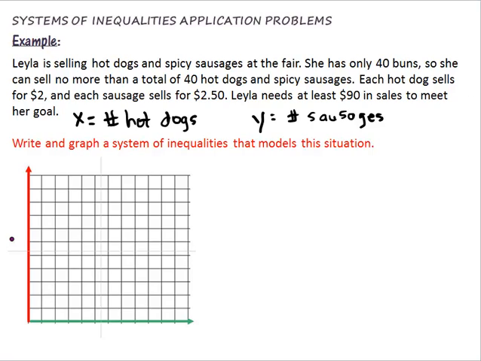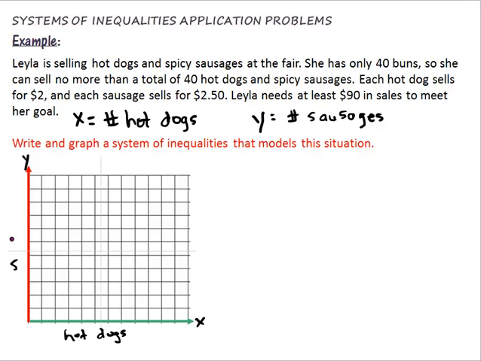Okay, so that's our first step. Notice when we graph this, our hot dogs are going to be on the X-axis and our sausages are going to be on the Y-axis. I'm just going to put an S for sausages. Alright, now let's start writing our inequalities.